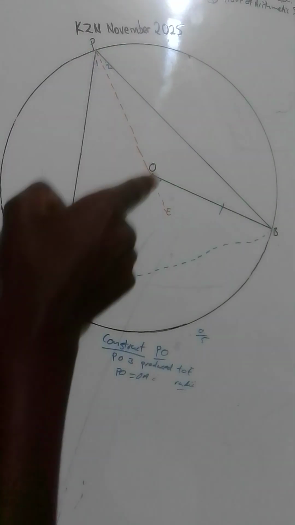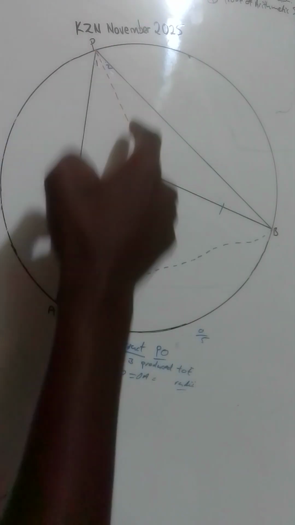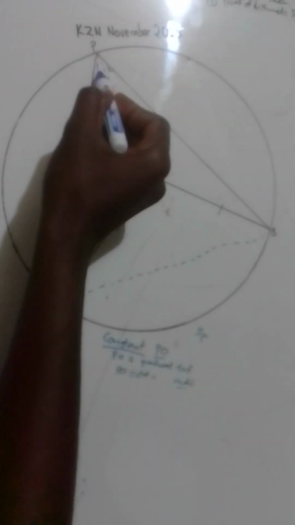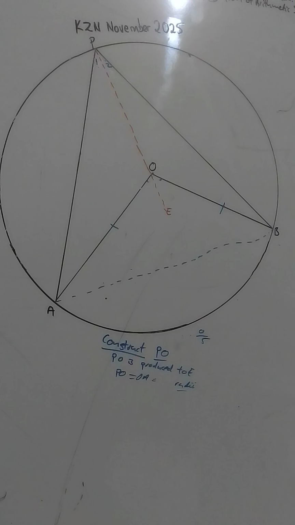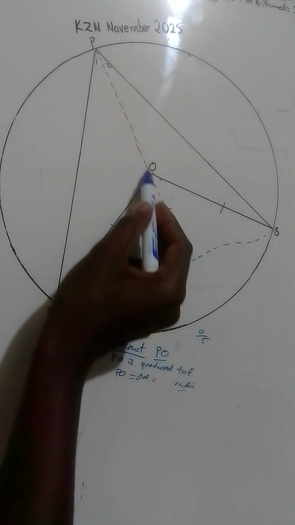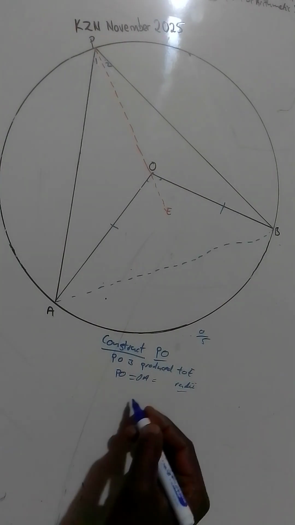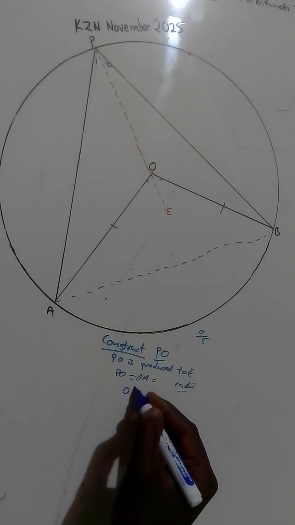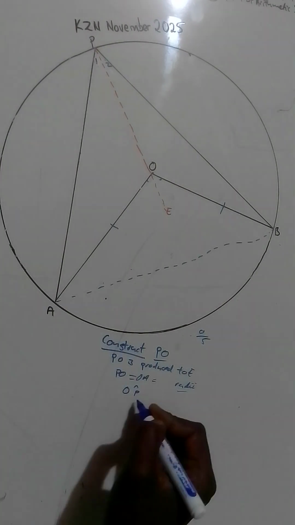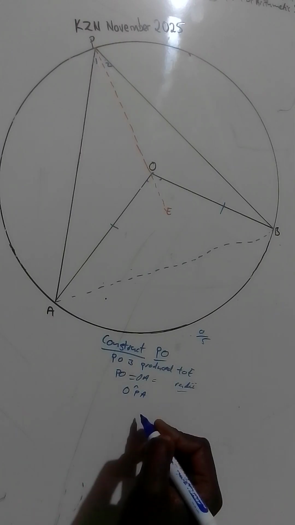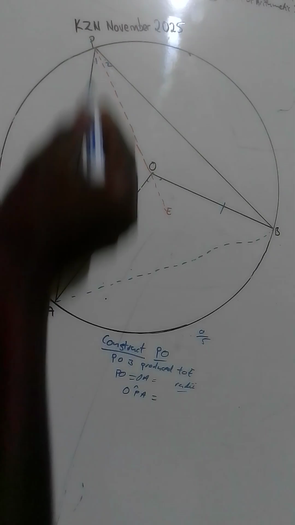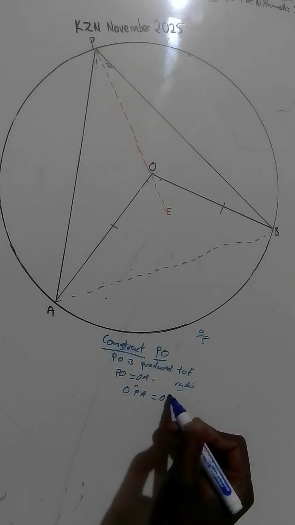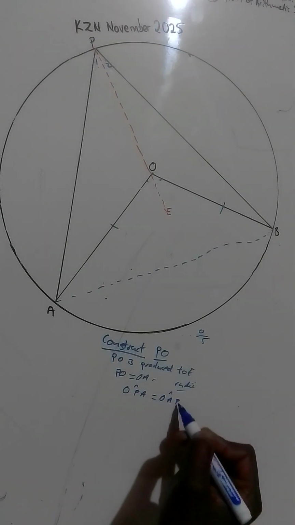Because now I've joined these lines, and I've called this P1 and P2, I go ahead and say angle P1 is equal to angle A, angle AP.